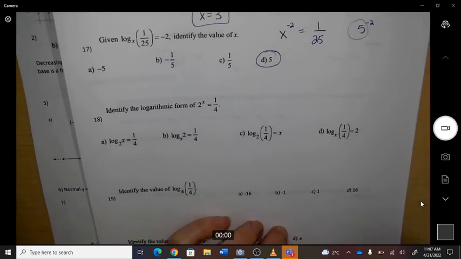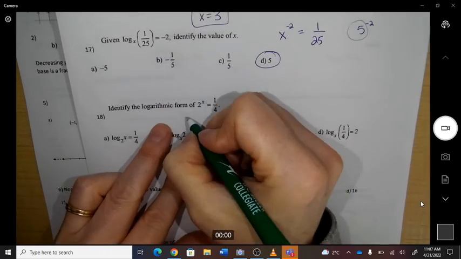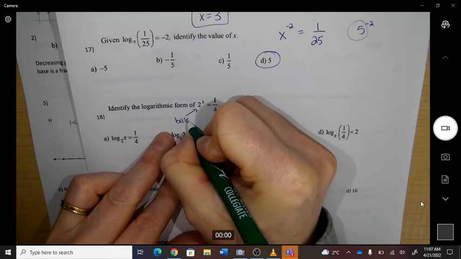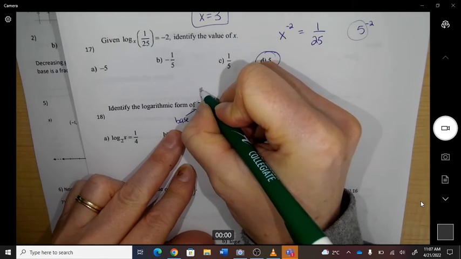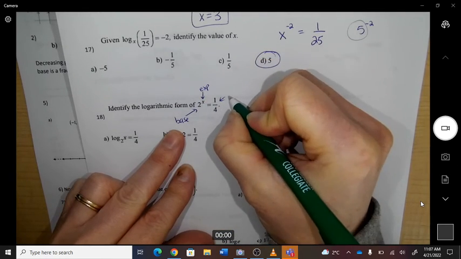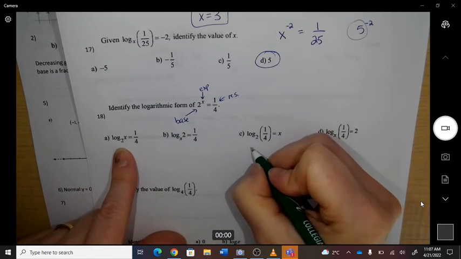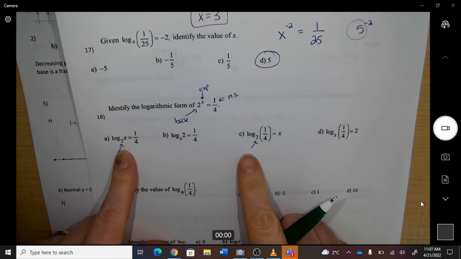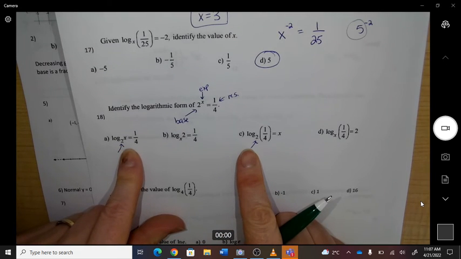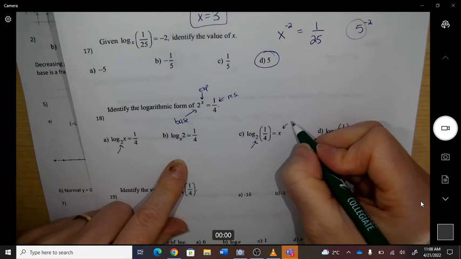Identify this in log form. So base, exponent, results. So base of 2, those are your options. The exponent is x.